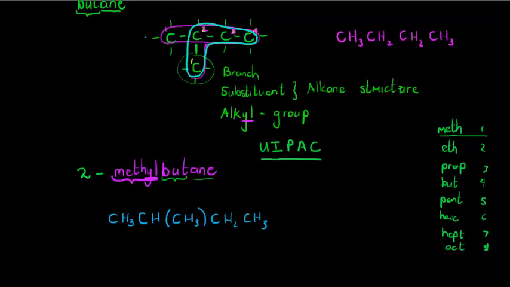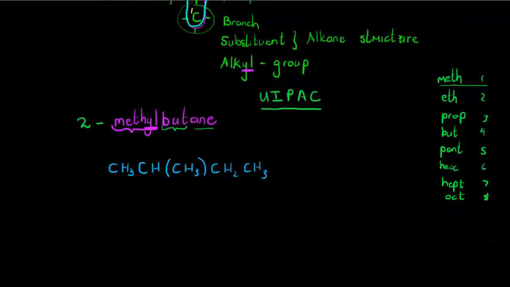Let's quickly look at the molecular formula. Remember, molecular formula simply counts the number of every element. We've got 1, 2, 3, 4, 5 carbons, and we have 12 hydrogens.